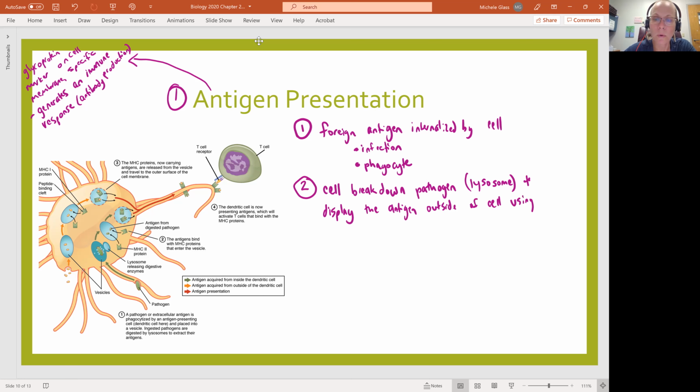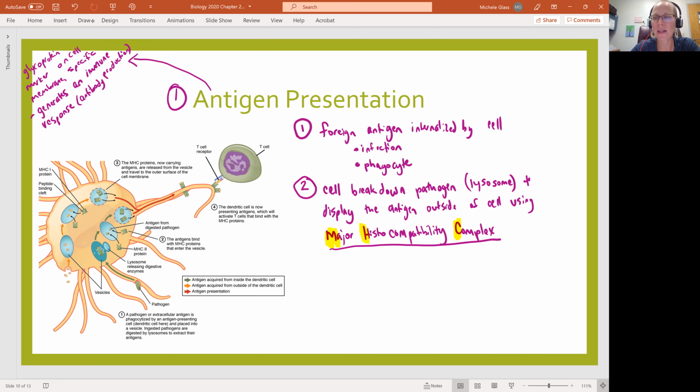using what are called major histocompatibility complex, which we often abbreviate MHC.